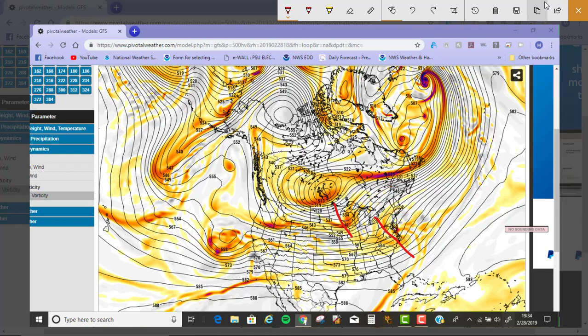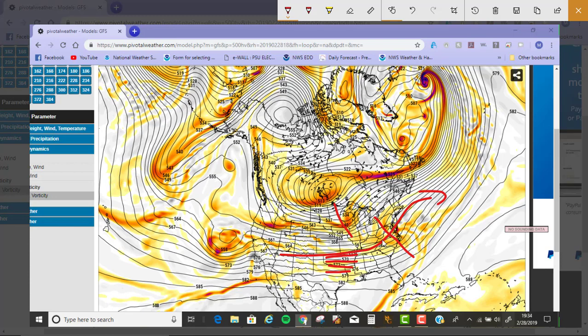Okay? But here in the southern jet stream, this low pressure system, look at the southern jet stream. Look at the way the isobars flow. Remember, this is 500 millibars, and wind at this height will flow parallel to these isobars, like so. And our jet stream in the United States, remember, moves from west to east.